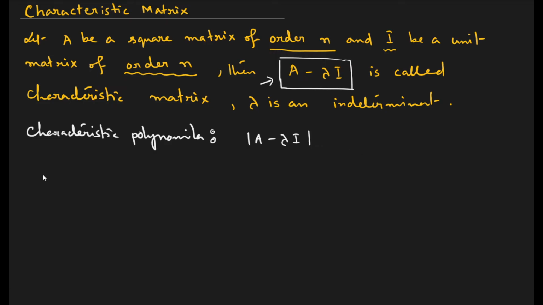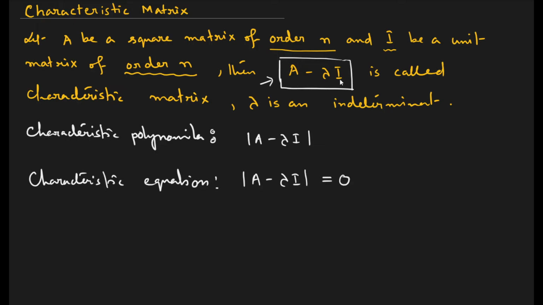Then comes the characteristic equation. An equation means there will be a right hand side. The determinant of A minus lambda I is a polynomial. Now if we set the right hand side to 0, it becomes an equation.